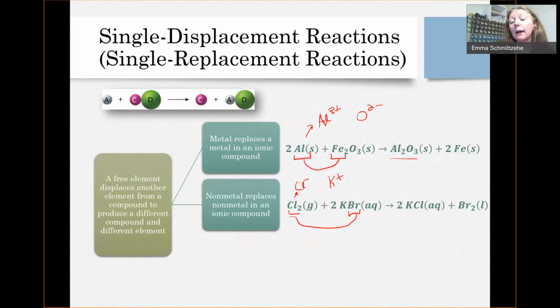And then the element that comes off on its own, remember, always becomes neutral. So that was the same as above. The iron that was freed from the ionic compound then becomes neutral. Same with the bromine. When it comes off, it's not Br minus anymore. It's Br2 because that's how that compound exists by itself.